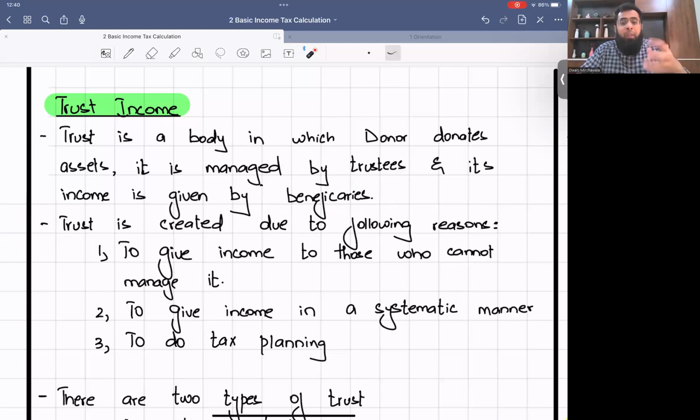Okay. So we'll go into further detail when we discuss the types of trust. So basically, a trust is a body, a registered entity in which the donor is giving the assets. Those assets are managed by a board of trustees and income is being given to the beneficiaries.